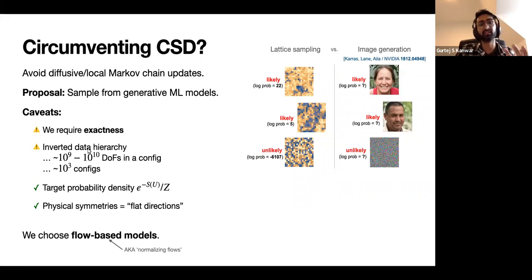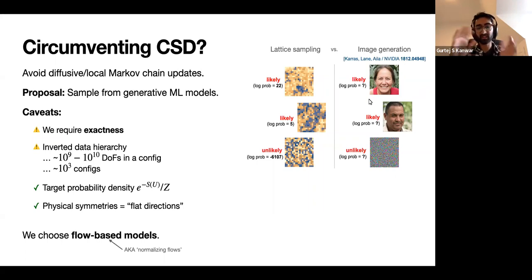The other is that the data hierarchy is inverted from the usual situation. Usually in machine learning, you have ideally a very large ensemble or training set of data, and the number of degrees of freedom per sample is often quite small. For example, people, at least early on, would train on, say, 32 by 32 images, and there might be tens of thousands of these images.